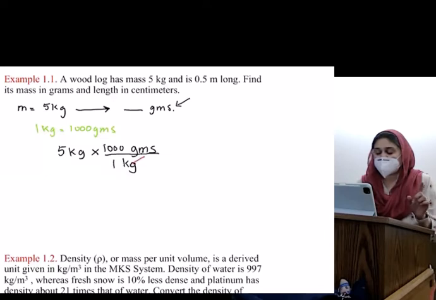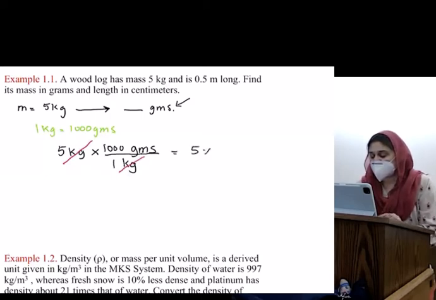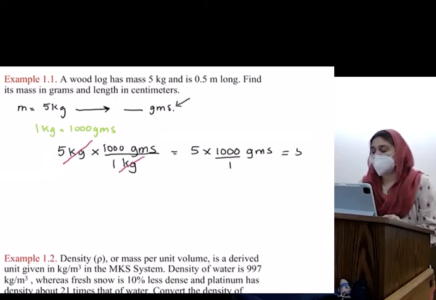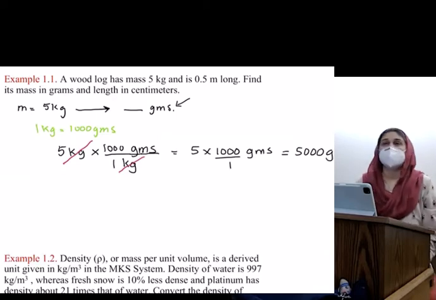Just watch. This goes away, but grams have nothing I can cancel them with. So what am I left with? 5 times 1,000 grams over 1. Yeah? So what is 5 times 1,000? 5,000 grams. And that's how you do this magic.